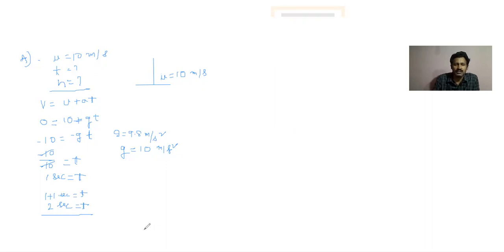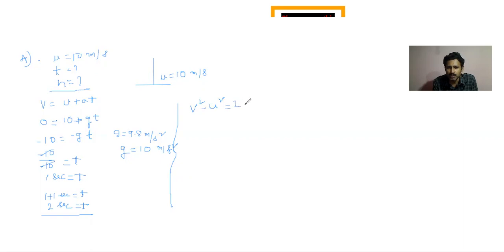Now the second question: how much height it can rise. For this we use the second formula, v square minus u square equals 2as. From this formula we can find the height. For an upward projected body, the final velocity v is always 0.